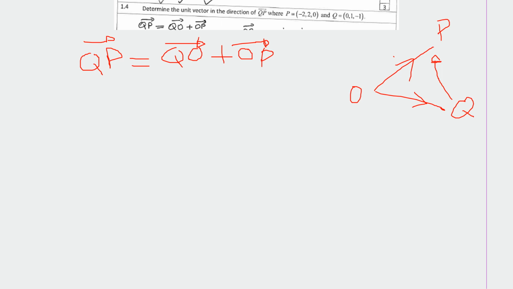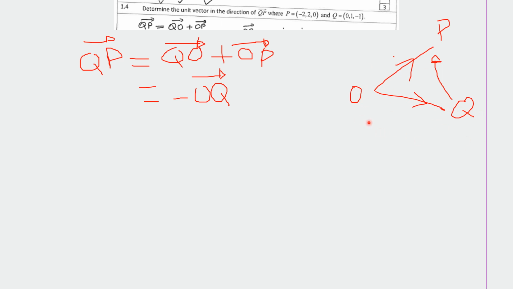So we'll be right to write QO as negative OQ. Remember, QO starts from here and ends here, but the actual vector OQ starts here and ends here.